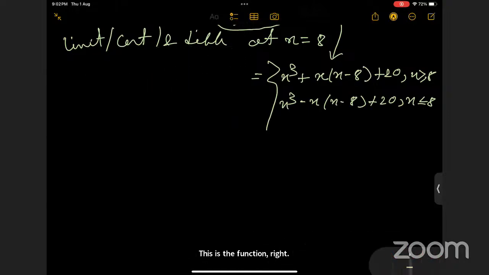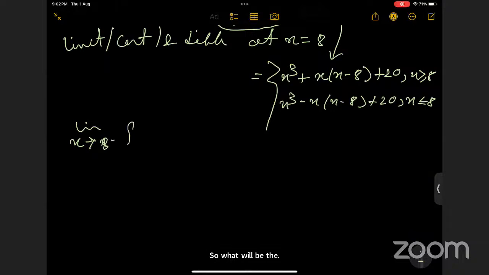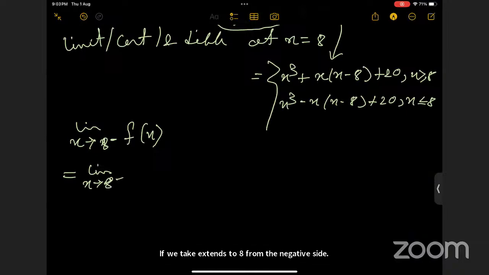So what will be the left hand limit and right hand limit? If we take x tends to 8 from the negative side, then which function do I have to take?